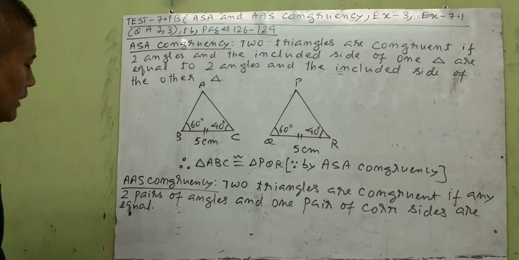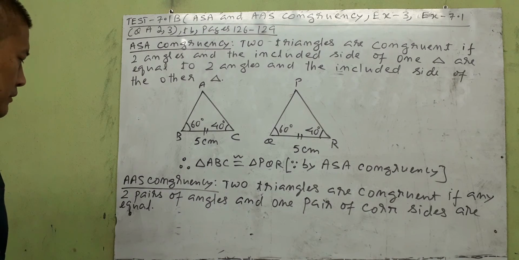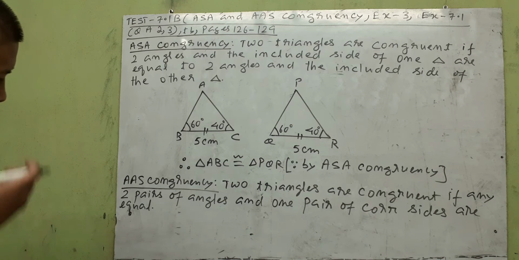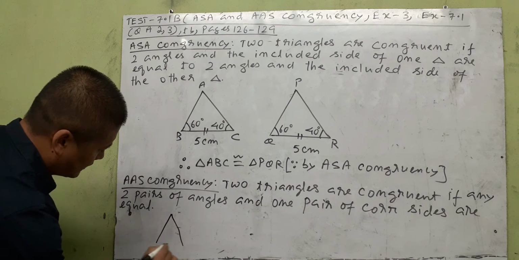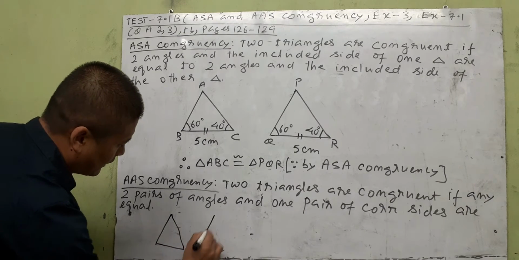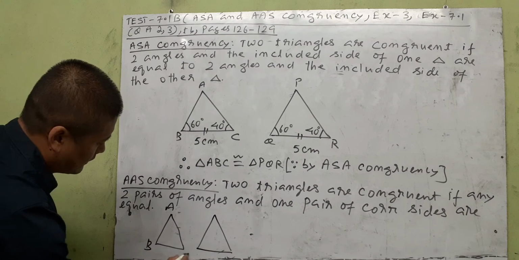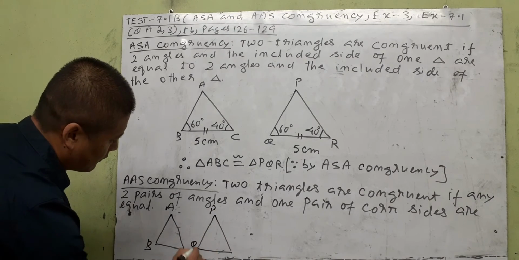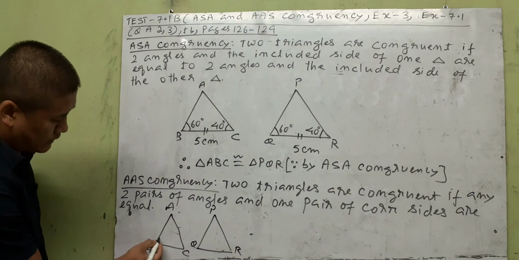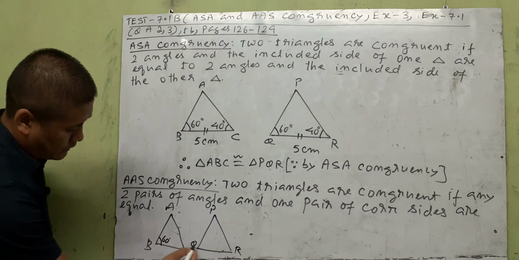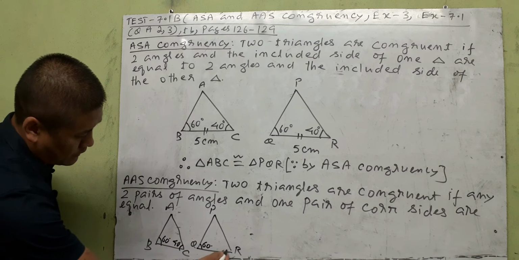SAS we did in the last class, so those are the three conditions. Here let us have a triangle ABC and another one PQR. Any two angles, let us say this is 60 again and this is also 60, therefore they are equal, and this is 40 and this is also 40.